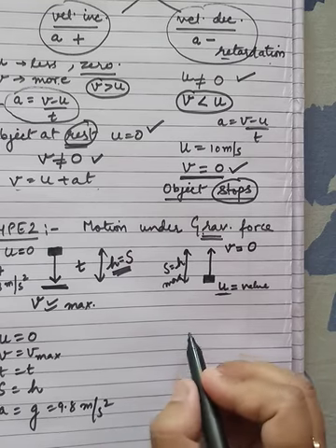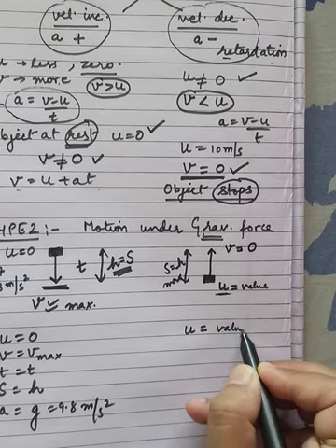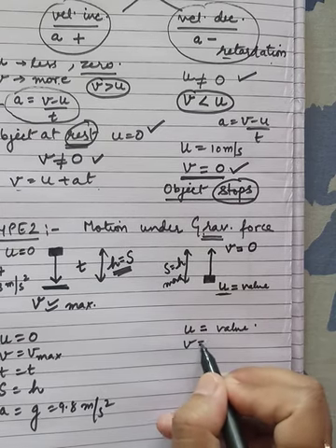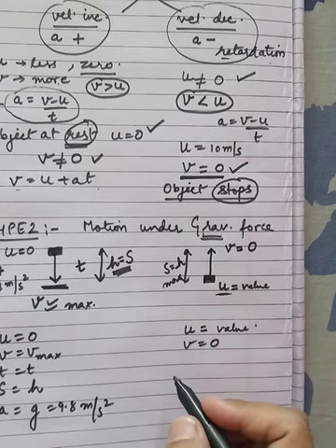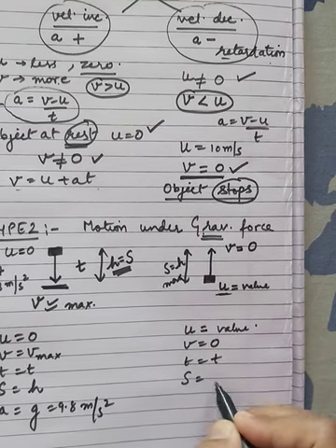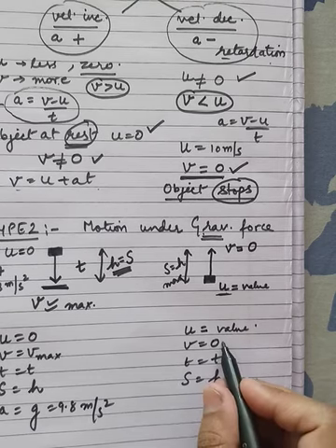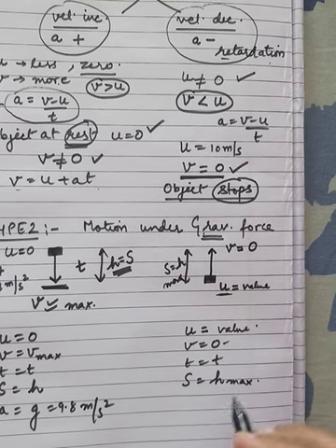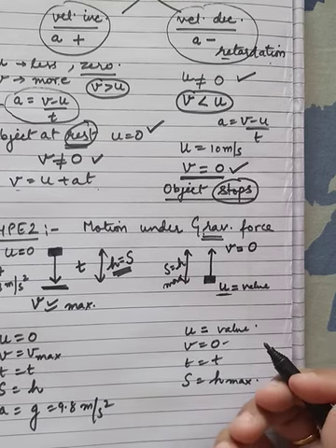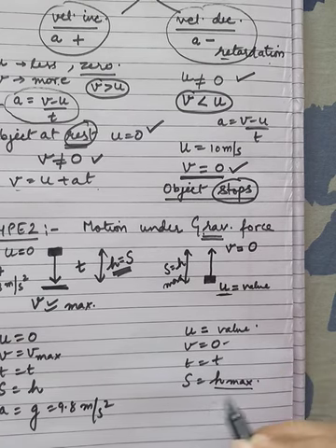So in this case u will have some value, v can be 0, time will be the time taken, and s is the height of the object, the maximum height achieved when v is 0.